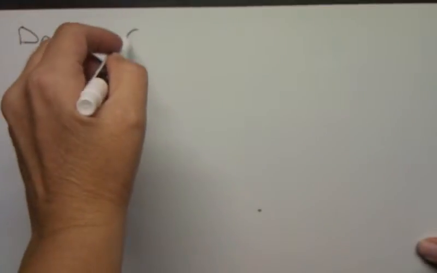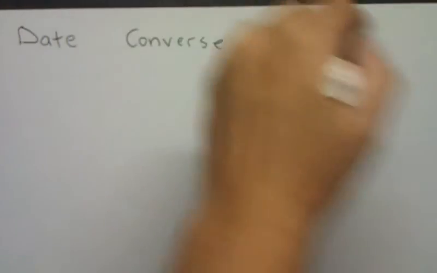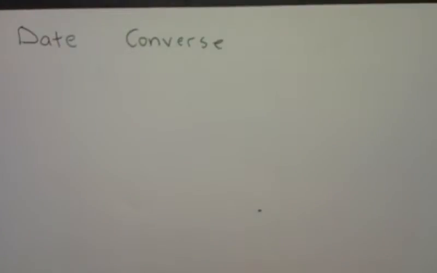So go ahead and get your notes. Skip a space and write today's date, and the name of this lesson is Converse. I think we'll just do one of them at a time. Let's do converse.